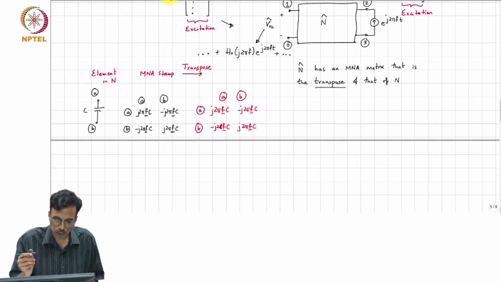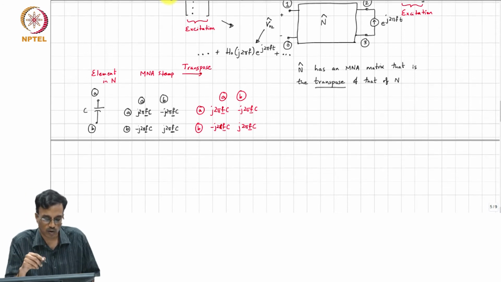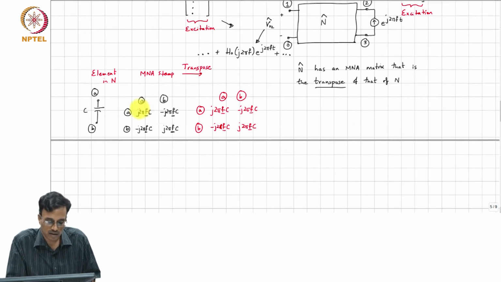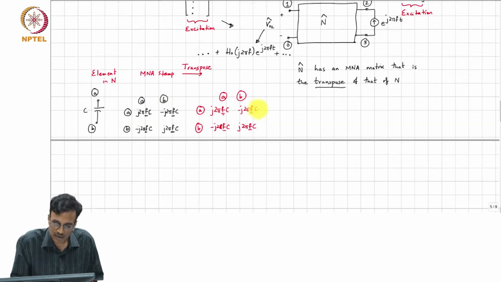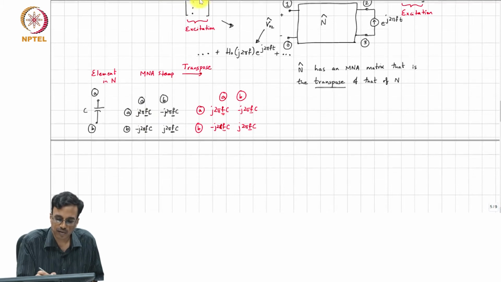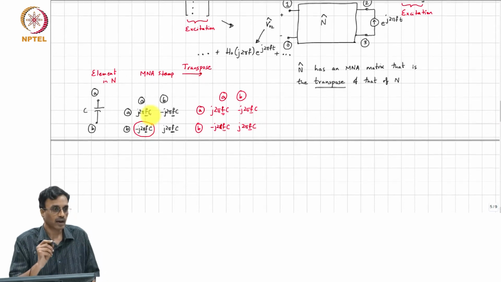So, when you transpose it, you must not only transpose the blocks, in the block also you must transpose the matrix, right. In the case of a capacitor things look pretty harmless, this guy, where will he go in the transpose?